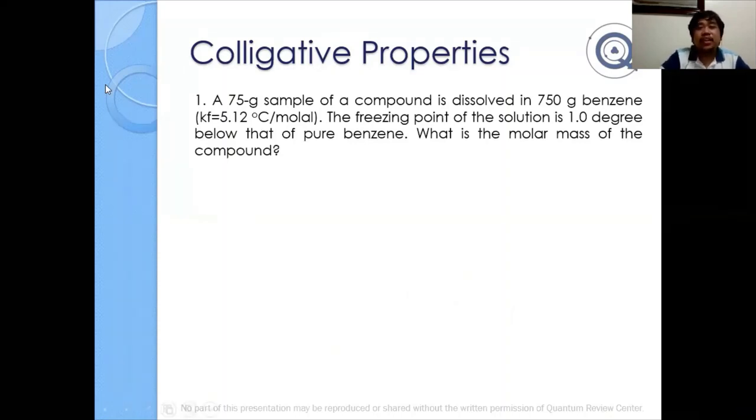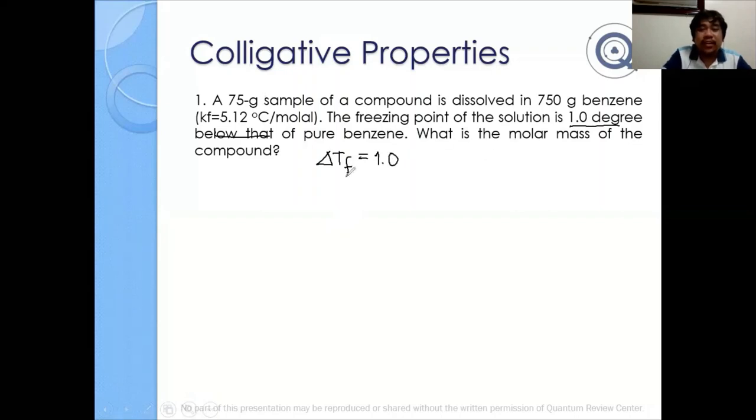You are asked to determine the molar mass of the compound. You're given that the freezing point of the solution is 1 degree below that of pure benzene. Even if you don't know the TF naught of benzene, it's fine, because you're directly given the depression, the decrease itself. So 1 degree below that of pure benzene; therefore your delta TF is already given. It is 1.0.